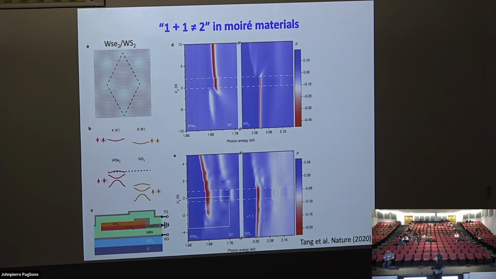So you can think of this case as an approximation of two independent layers. And the bottom is when they form a moire pattern, which in this case is either 0 degrees or 180 degrees. So I want to give you something to work on.